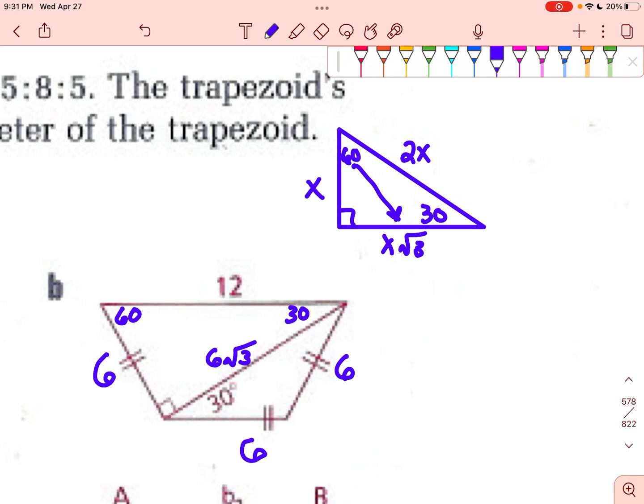So we have our bases, we just don't have our height yet. So there's a couple ways you guys could do this. If you want, you can drop this right here, and you can find the area of this blue triangle, and you can go ahead and add it to the area of this pink triangle.